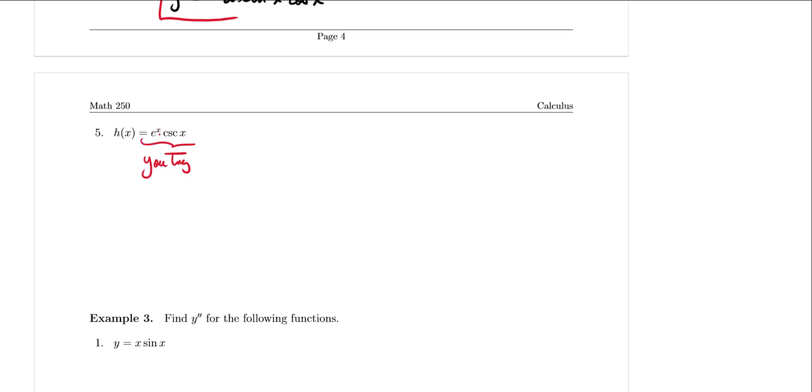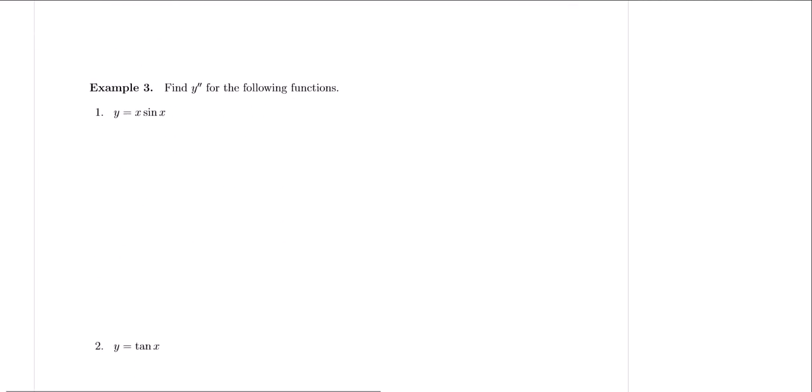All right, now I want to go ahead and take a look at higher order derivatives. So let's practice here with two examples where we're trying to find out the second derivative this time around. Beginning with the first one where we have y is equal to x times the sine of x. So what is my first derivative?